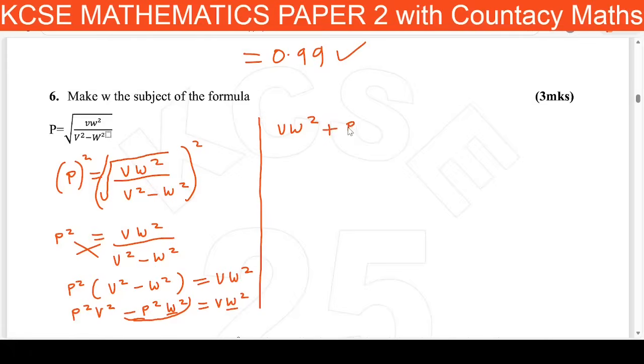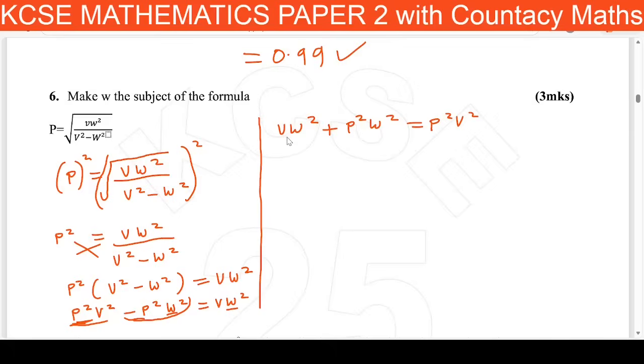So we get a positive p squared w squared is equivalent to, now we are going to remain with this set of numbers alone, that is p squared v squared. Oh, this is quite bad that this has been taken away to the other side, but we really have to do it so that we are able to get the value of w.